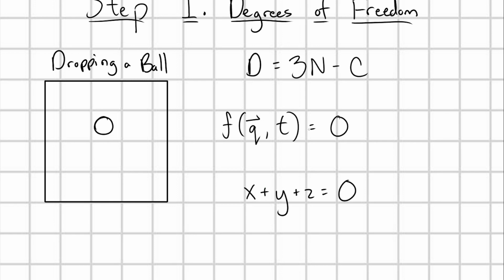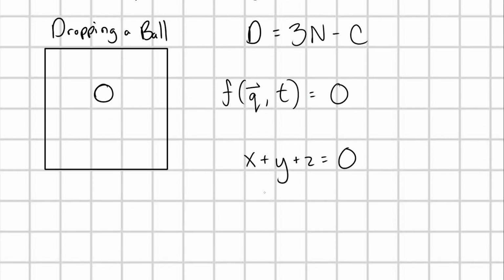Then immediately from this, I'd be able to say x is equal to minus y minus z, or in other words, x is dependent on y and z, okay? So we can see that this leads to a reduction in the number of coordinates that we need, because if I just give you y and z, you'd always be able to tell me what x is.